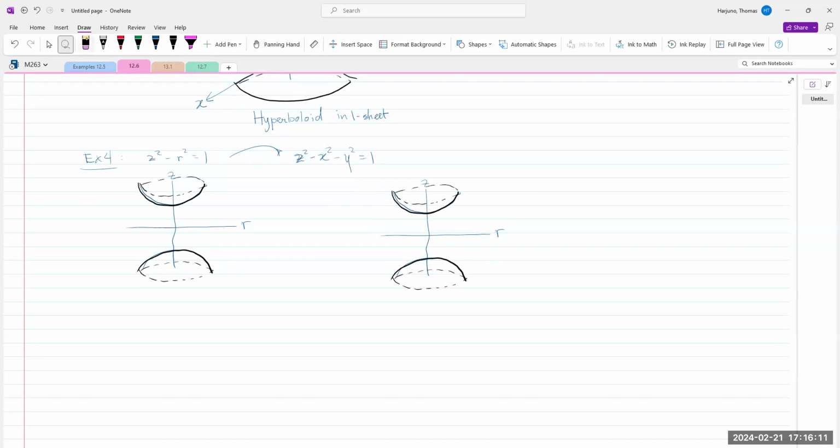Yeah, but then I change the r becomes y. This becomes x here. Right? Now this is hyperboloid of two sheets.